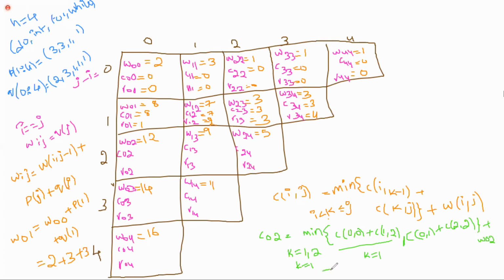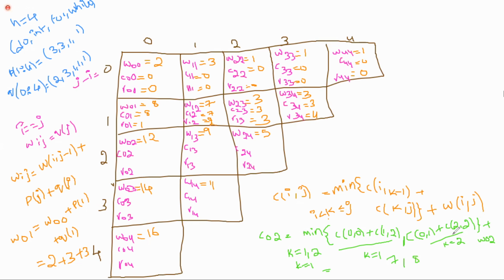Now, this is when k equals 1 and this is when k equals 2. Which is giving the minimum value? Tell me. C00 means 0 only. C12 means whose value is 7. Here the value is 7, comma, C01 is 8, 8 plus C22. C22 is 0 only. So 7, comma, 8.